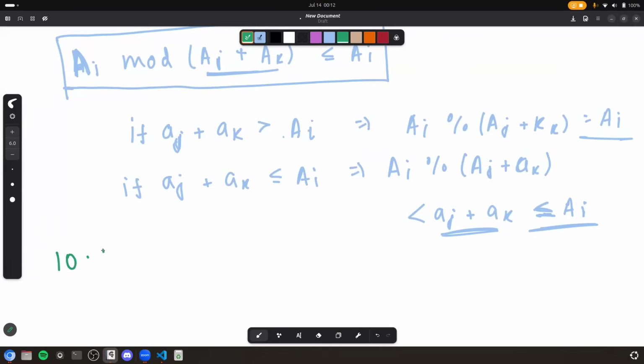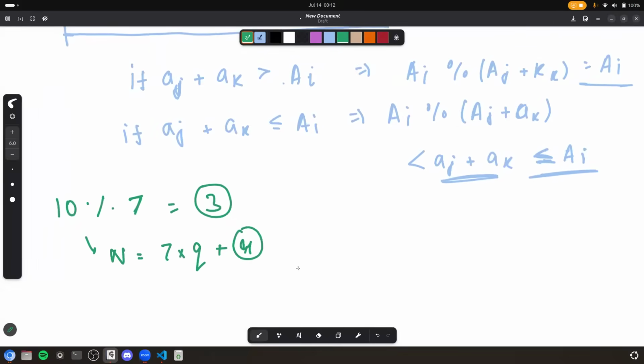If we take the remainder of 10 % 7, we would get 3. What we are doing here is basically splitting it like this: n equal to 7 times some quotient q plus r. So this r can never be more than 7.